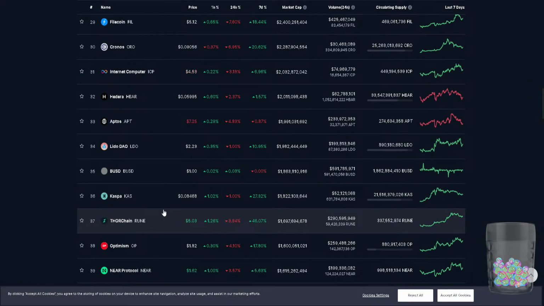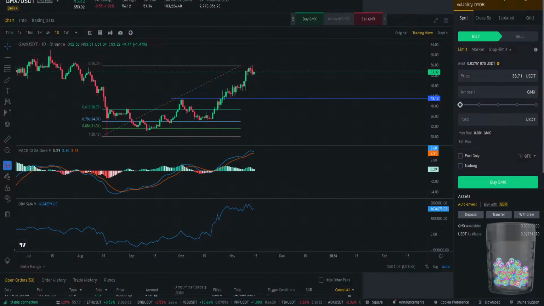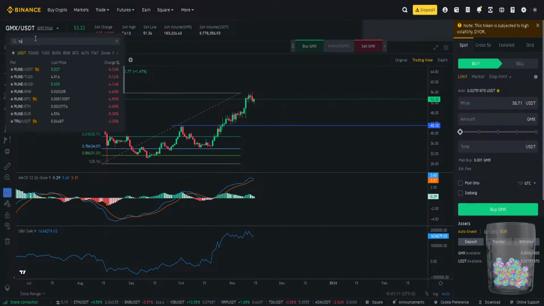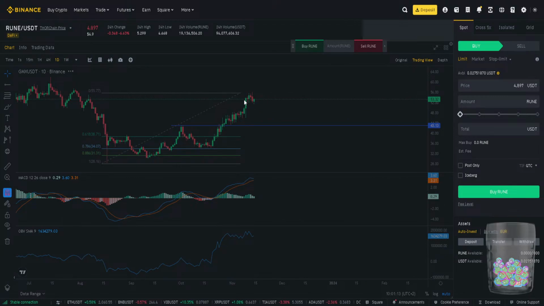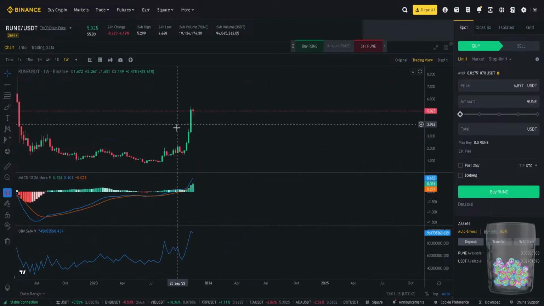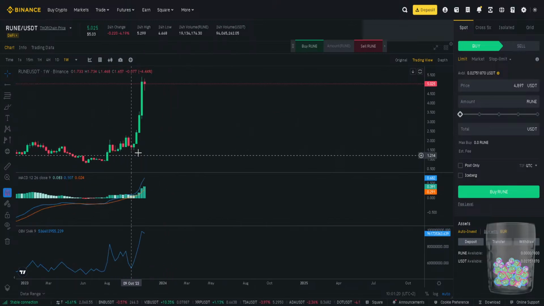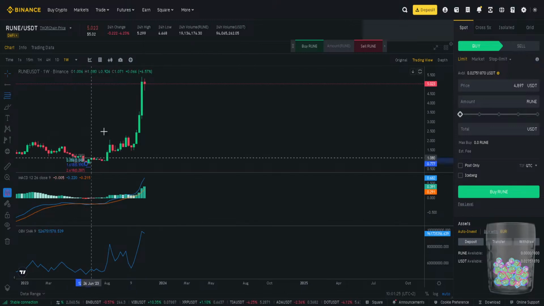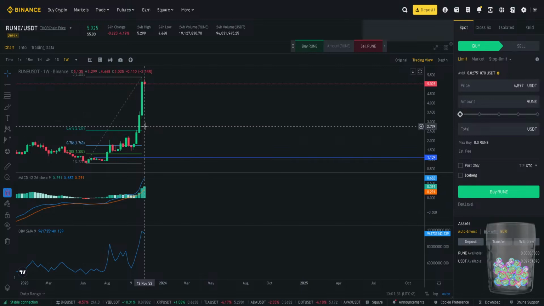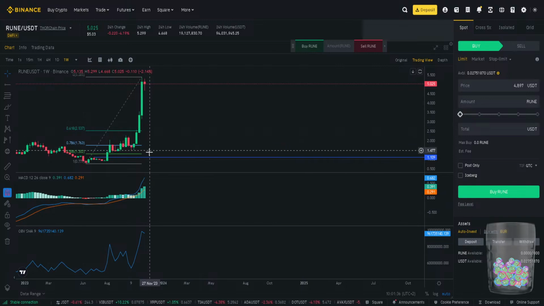Casper, it's way too high to even look at it. Let's look at Ruin, Store Chain. Had a very good rally recently. Nice little W down here. That's your breakout level down there at $1.